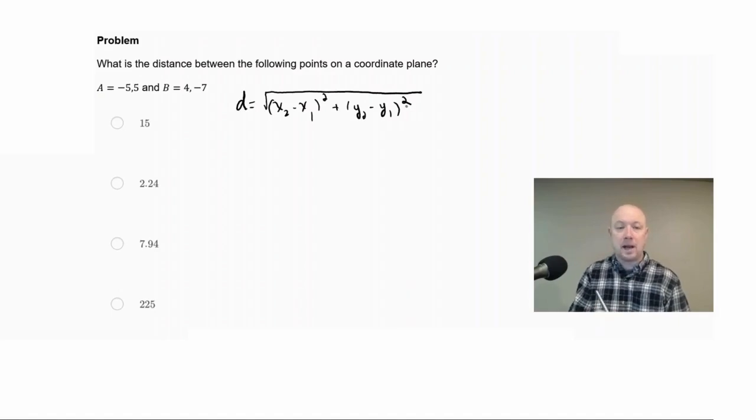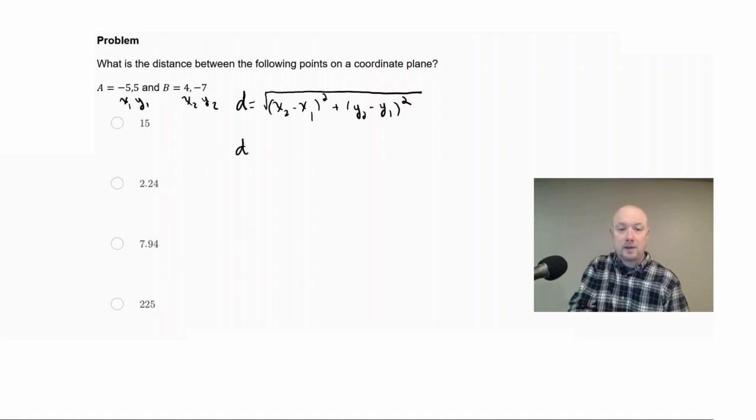We can assign our x1, y1, x2, y2 to whatever point we want. We'll get the same answer, but we don't want to mix an x1 and a y2. We want to keep them on the same point. In this case, I'm going to assign x1, y1 to my -5, 5, and x2, y2 to my 4, -7.